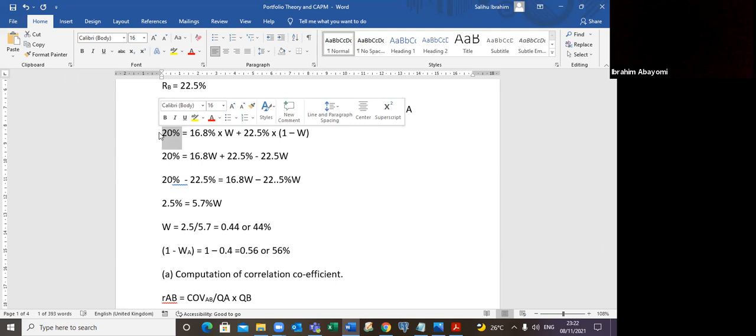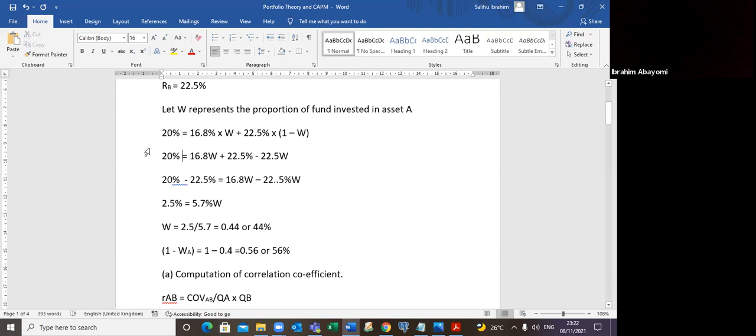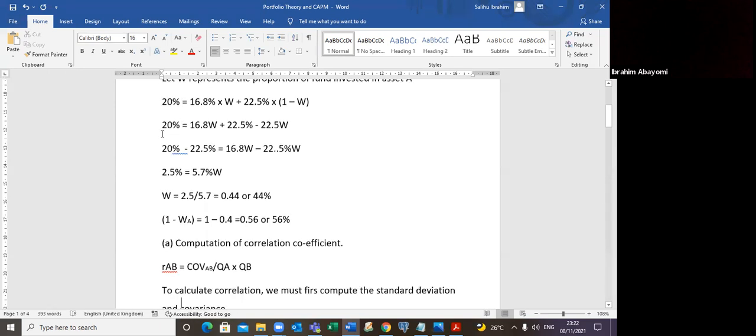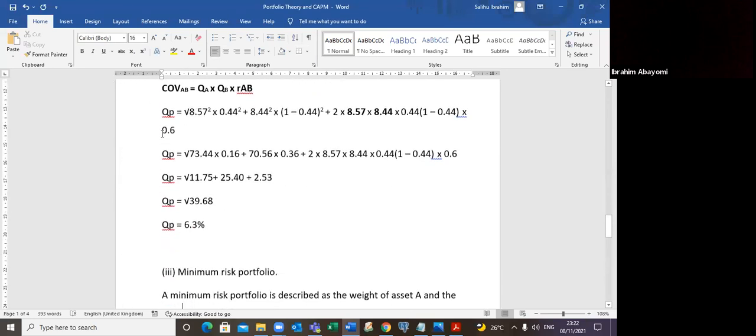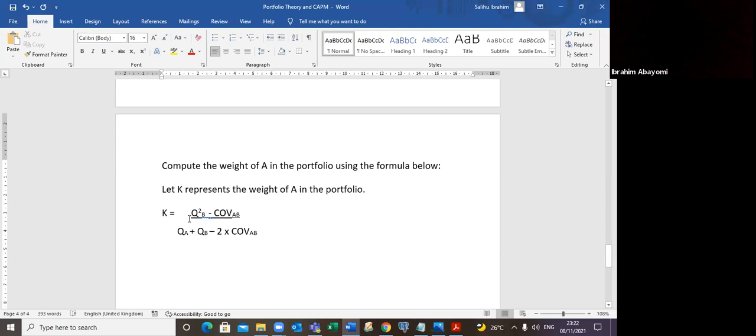So if I'm already given the return on the portfolio, I can use this formula to get weight of A and weight of B. But if you are not given return on portfolio, if you want to get the weight of A and weight of B, there's no other formula we are going to use apart from this formula.